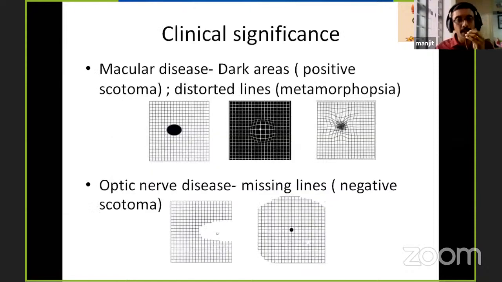So what is the clinical significance? Generally, it helps to differentiate between macular disease and optic nerve disease. Macular diseases usually show dark areas or distorted lines. The first one is a typical appearance in a case of central serous retinopathy. You can see a dark central scotoma. The second one is a case of macropsia.